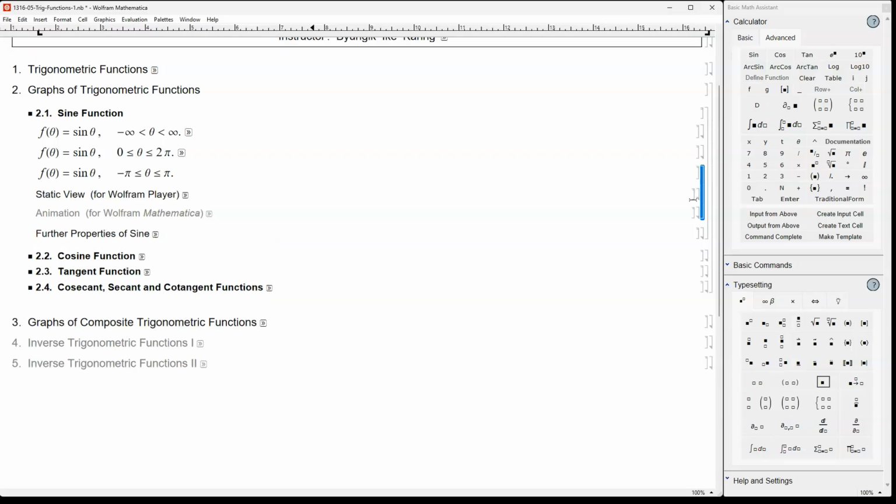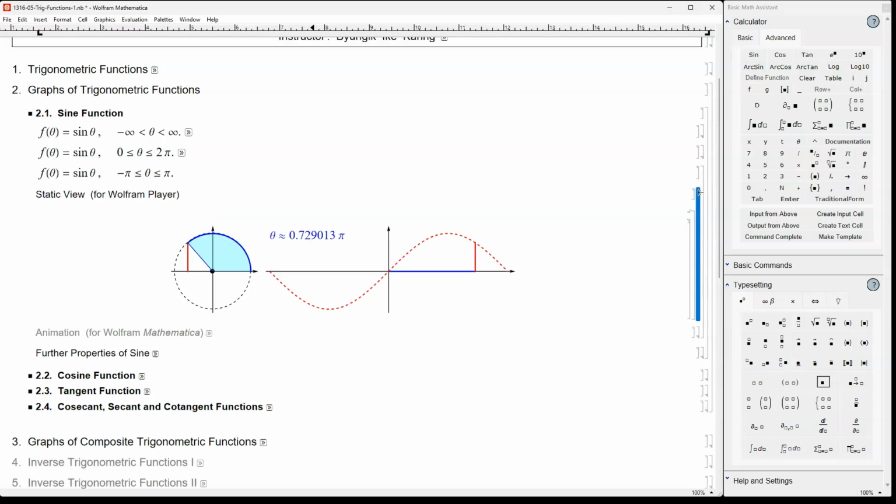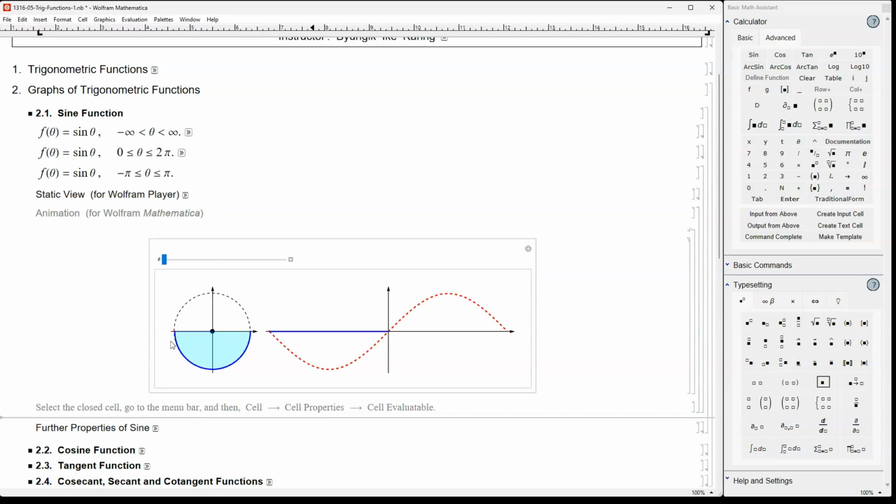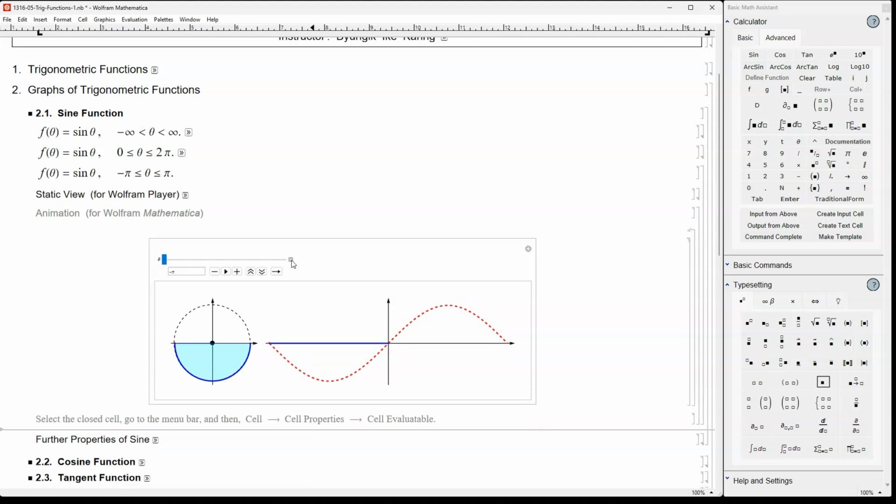Here's the same graph, but this time from a different domain, a different viewing window, plotted from negative pi to positive pi. So in this animation, we begin from negative pi, negative 180 degrees, and then past 0, and then positive pi. Let's run it like this. Do you see that the graph is symmetric with respect to the origin?